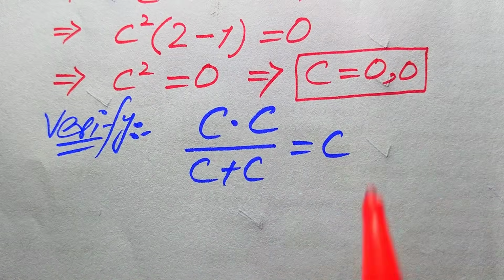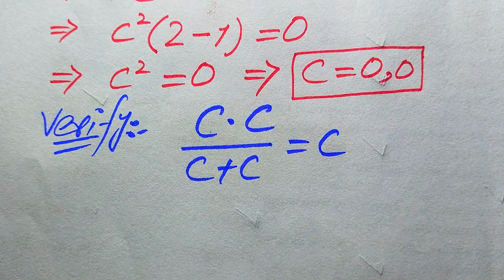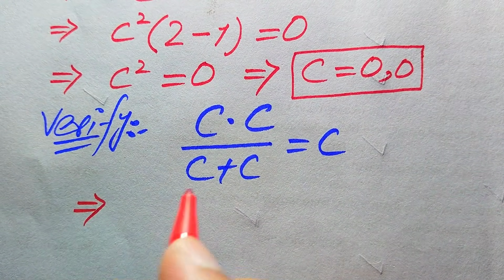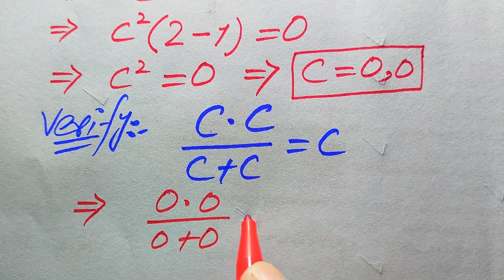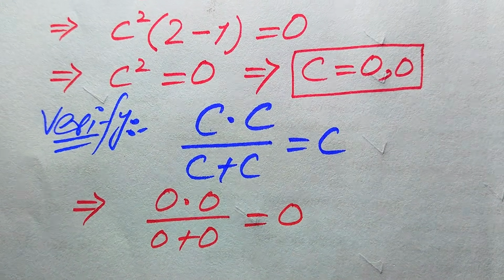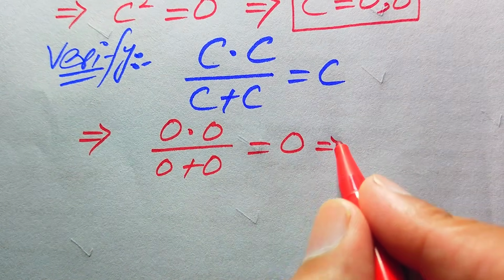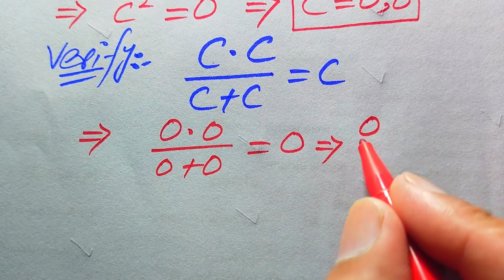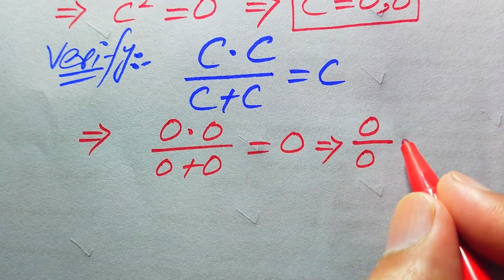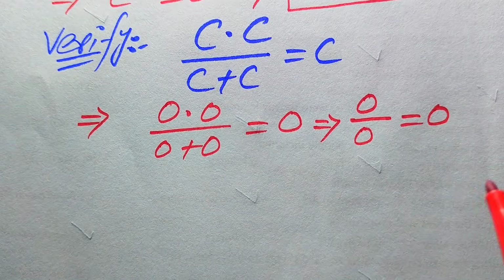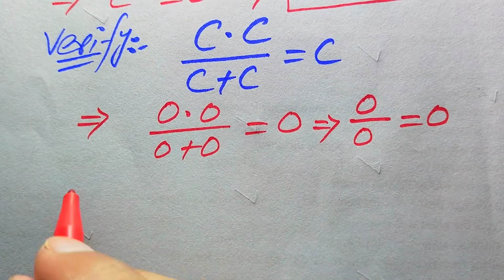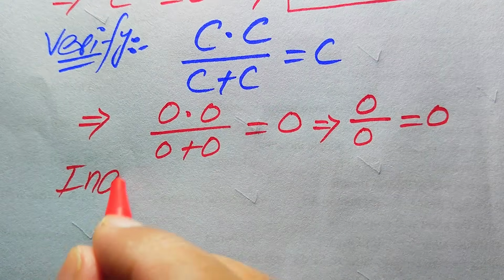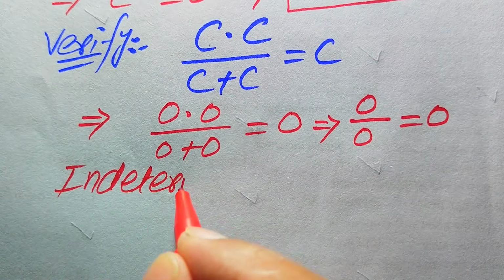So here we substitute the value of c is equal to 0 on both of the sides, and we will get here 0 times of 0 divided by 0 plus 0 is equal to 0. So this case implies that 0 times 0 becomes 0, and 0 plus 0 becomes 0 is equal to 0. So here our left hand side becomes 0 over 0 form, and we usually call that the indeterminate form.